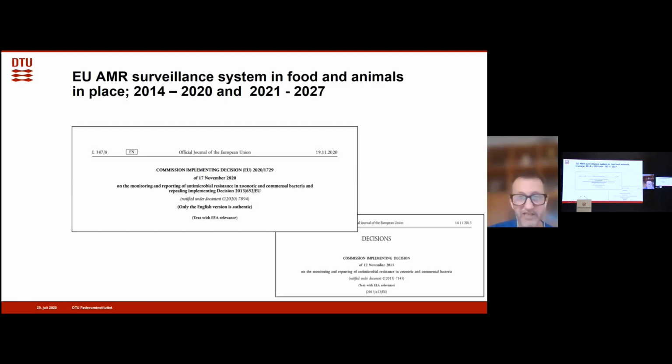But basically, this is EU legislation, meaning that all EU countries have to comply with the text, since this is the law, and this would stipulate how to conduct the surveillance of food and animals in relation to AMR.